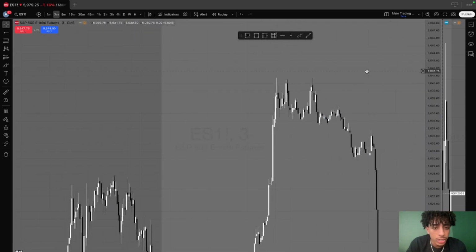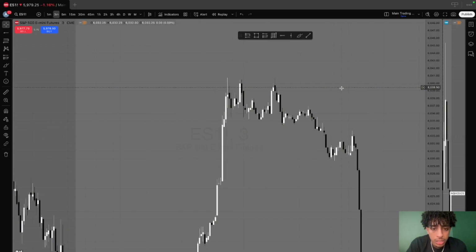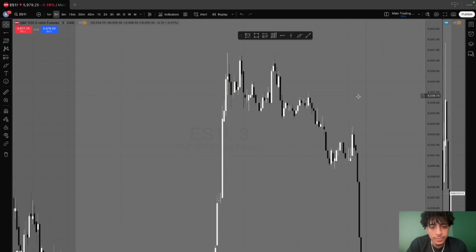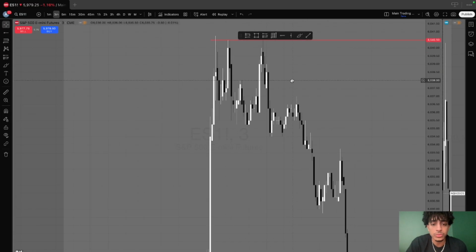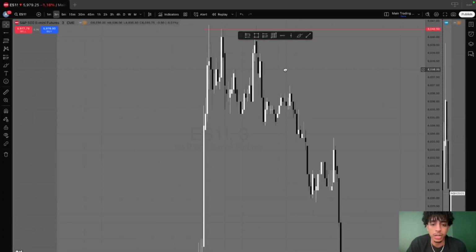Let's see if we got it here. And we do. So boom, we sweep these highs right there. Barely sweep them. And then we would need to see a break of what, the bottom, remember, it's a series of candles, right? So we need to see a break at the bottom of the body of what candle? I'll give y'all a second.